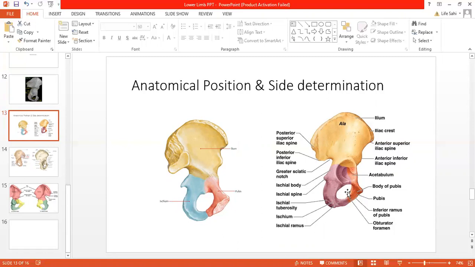So obturator foramen can be a third point which we can take into consideration to understand how to hold the bone correctly anatomically. So the first point that we took to understand the anatomical position of the hip bone is iliac crest.